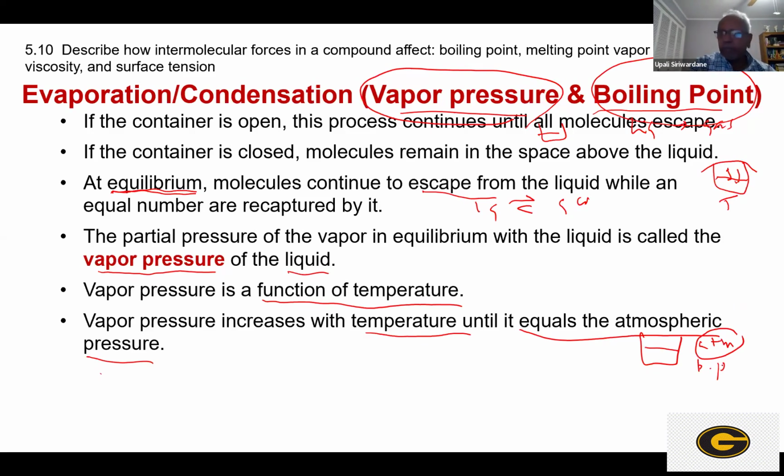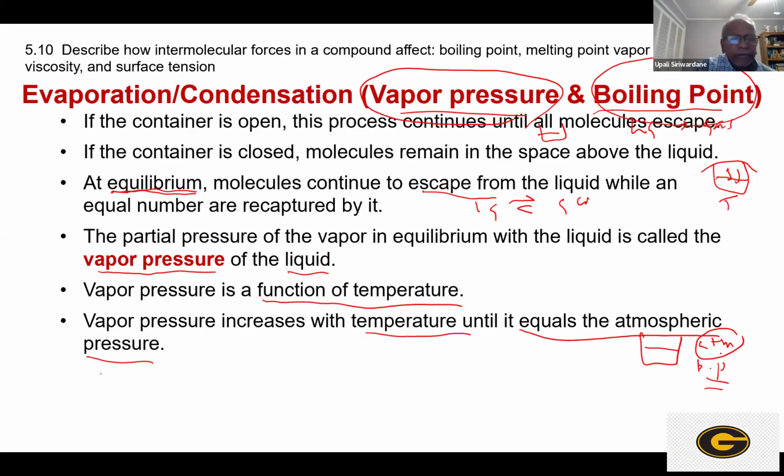At that point, boiling, the temperature at which vapor pressure over the top of the solution is equal to atmospheric pressure, whatever the pressure in the atmosphere, that temperature is called the boiling point. Therefore, defining boiling point is very important.